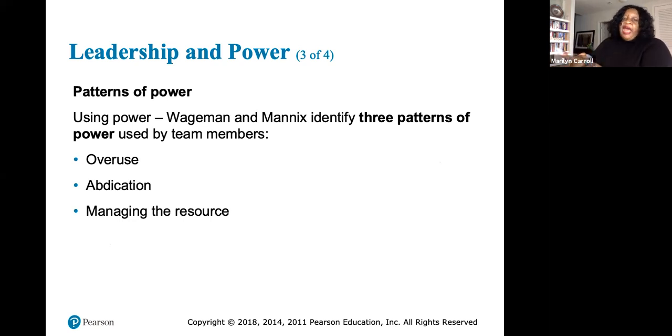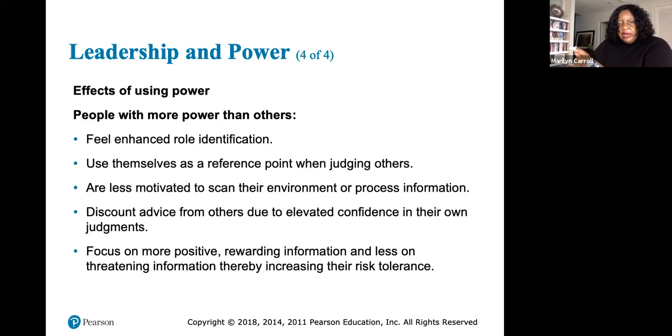Now, patterns of power. Wagman and Mannix identify three patterns of power used by team members: overuse, abdication, and managing the resources. Regarding the effective use of power, people with more power than others feel enhanced role identification.